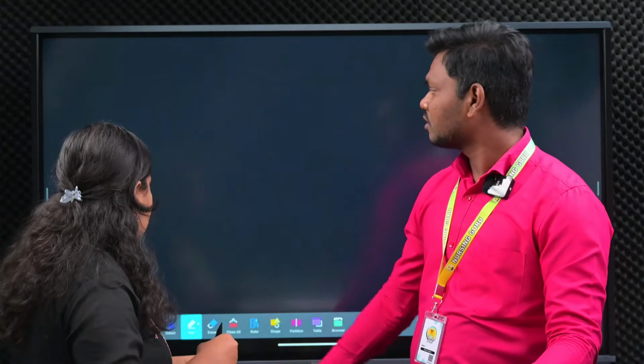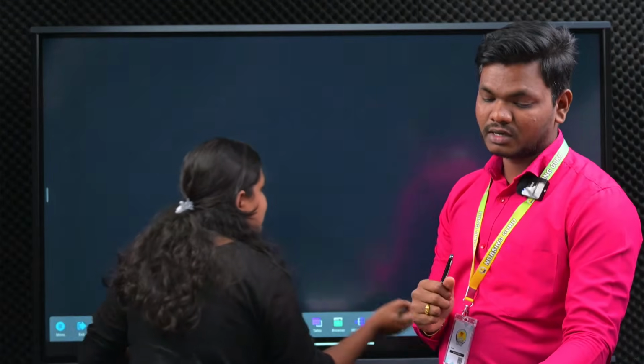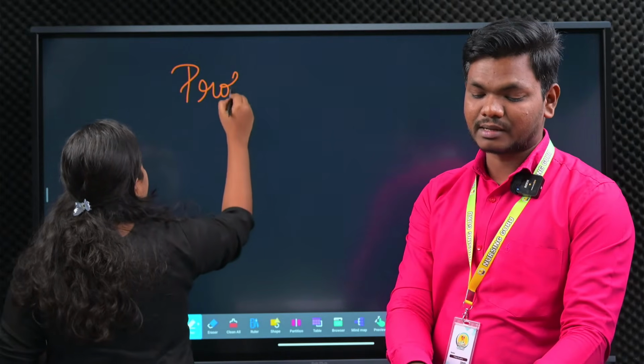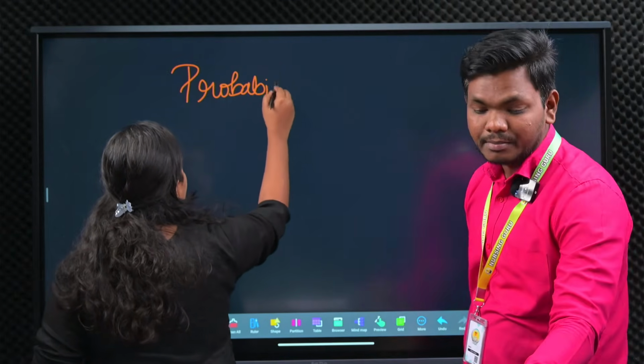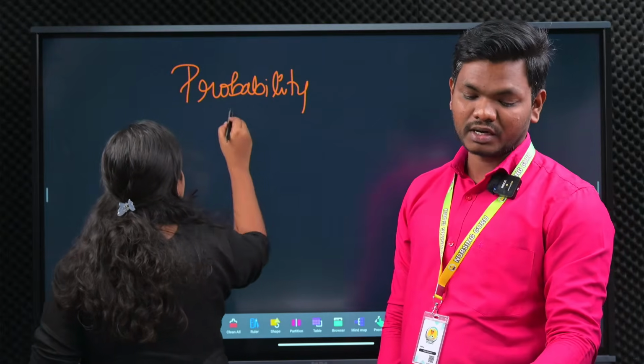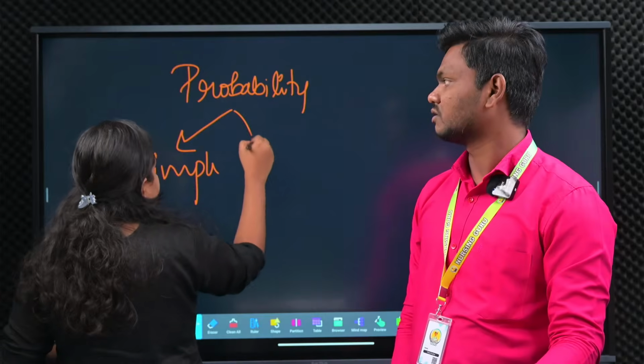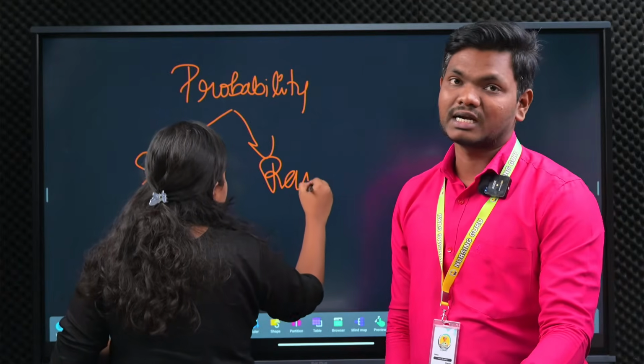That is probability sampling. There are three types of probability sampling. Simple random sampling: every individual has an equal chance to be selected.